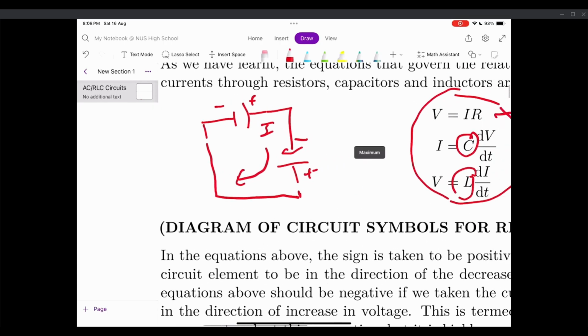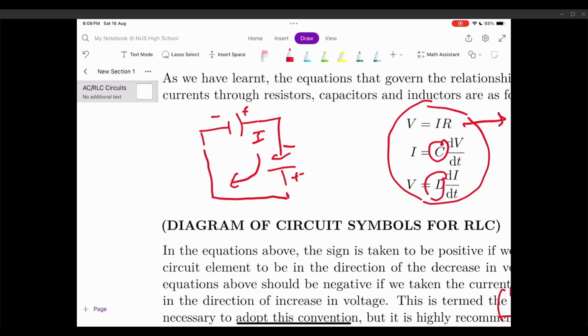How the passive sign convention works is that if your current travels in the direction of your potential drop, then any equations that have your I and your V are going to be positive. If not, then they're going to be negative.